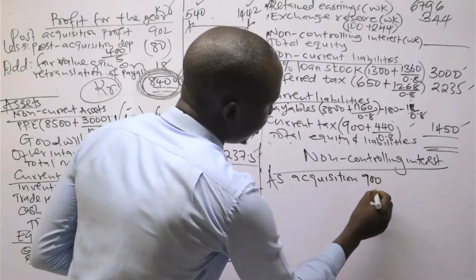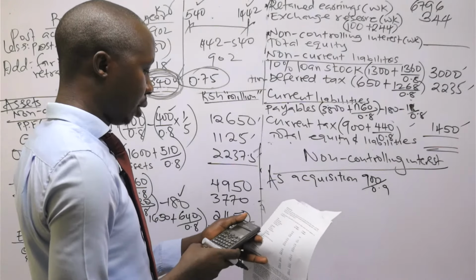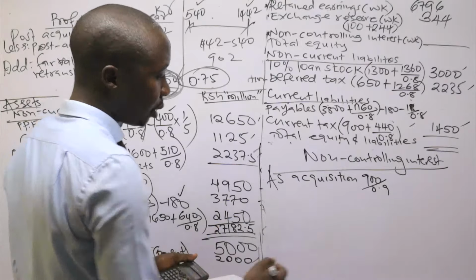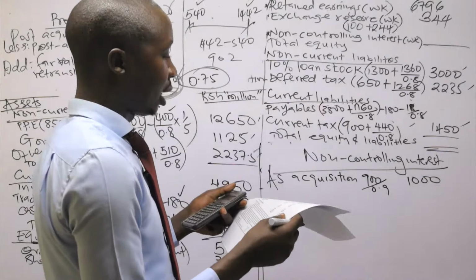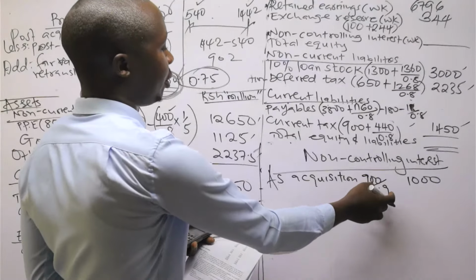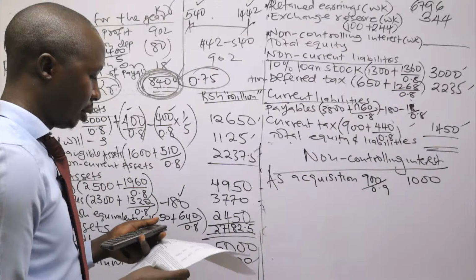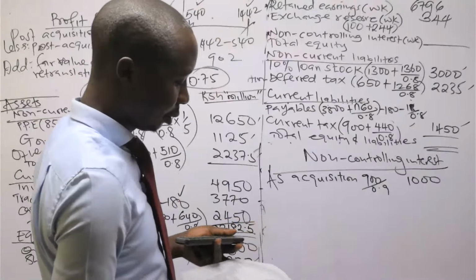So 900 converted to Kenyan shillings using the 0.9, you get 1,000, because it was as at October. That is why I'm translating as at October. So as at acquisition, we have the fair value of NCI of 1,000.